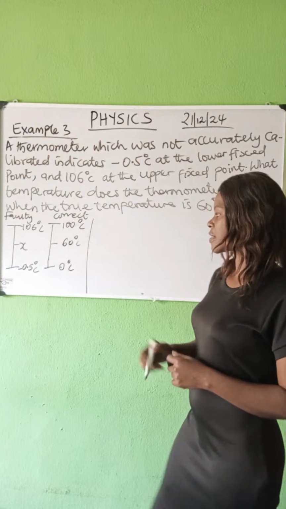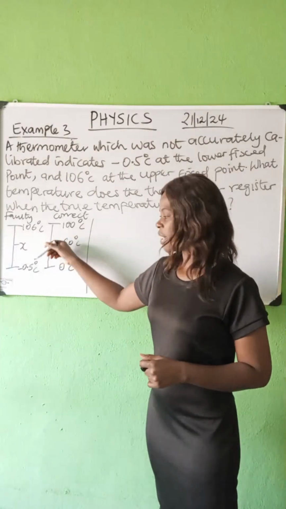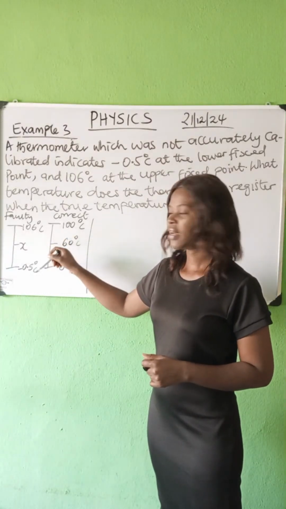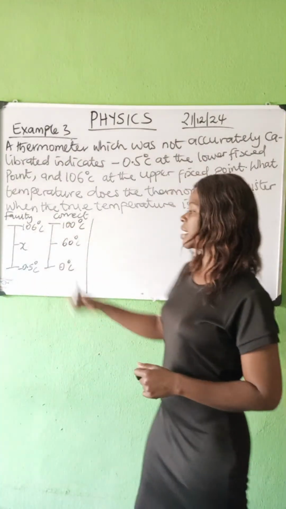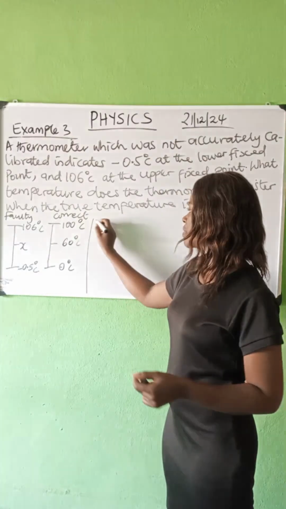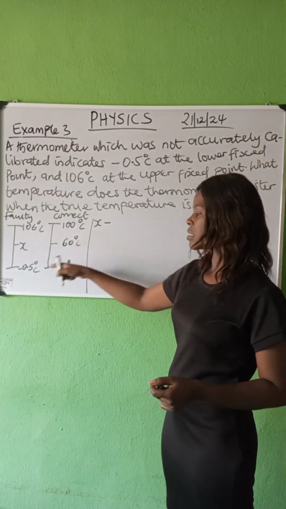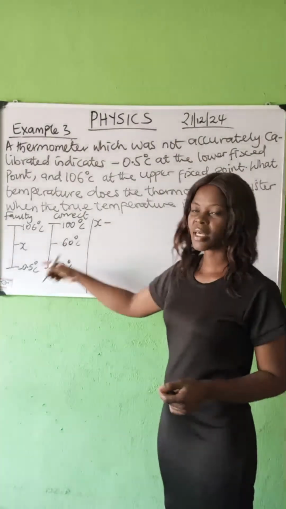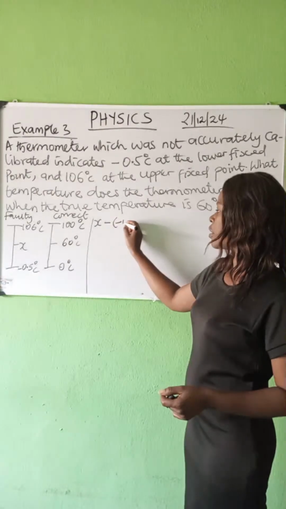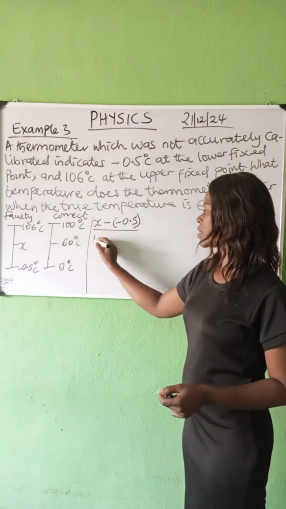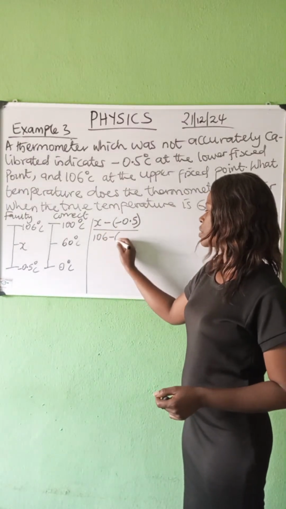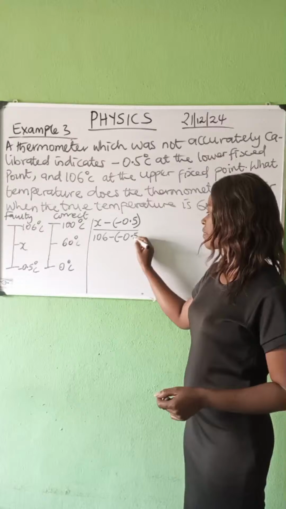The formula is the fundamental interval minus the lower fixed point, divided by the upper fixed point minus the lower fixed point. So what's my fundamental interval here? x. I will say x minus, because there is a negative sign, I'll put it in brackets, minus 0.5, divided by 106 minus bracket minus 0.5.